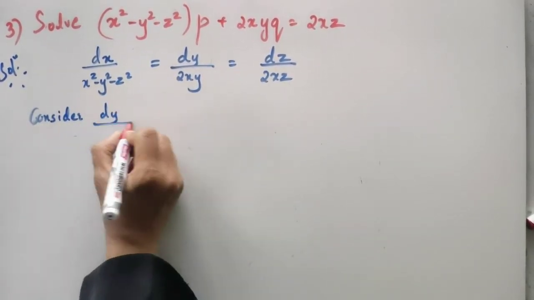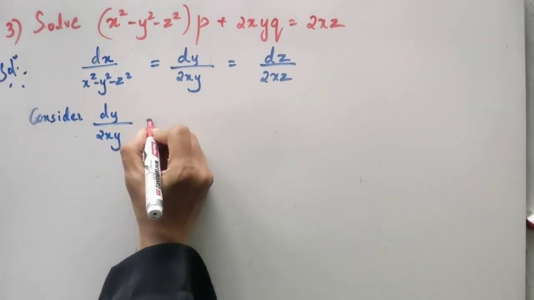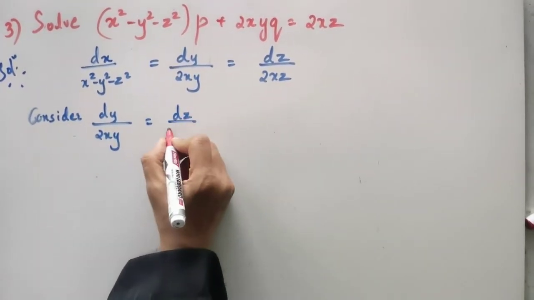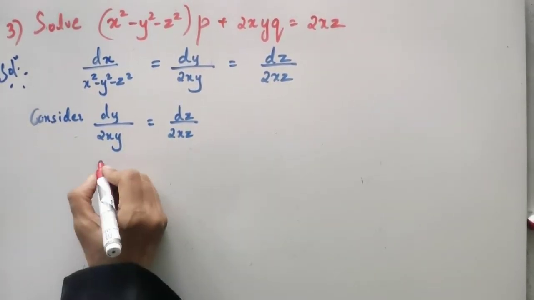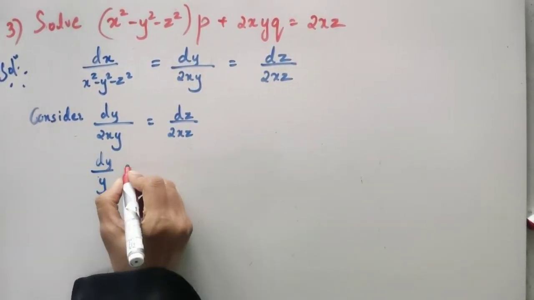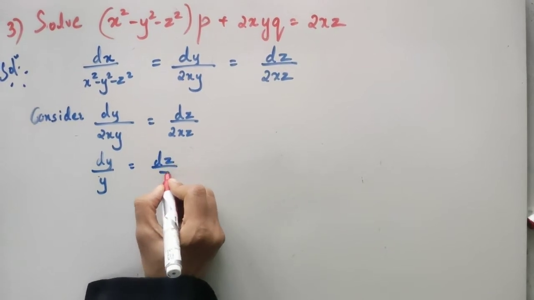So consider dy divided by 2xy is equal to dz divided by 2xz. You see, 2x gets cancelled. You have dy/y = dz/z.